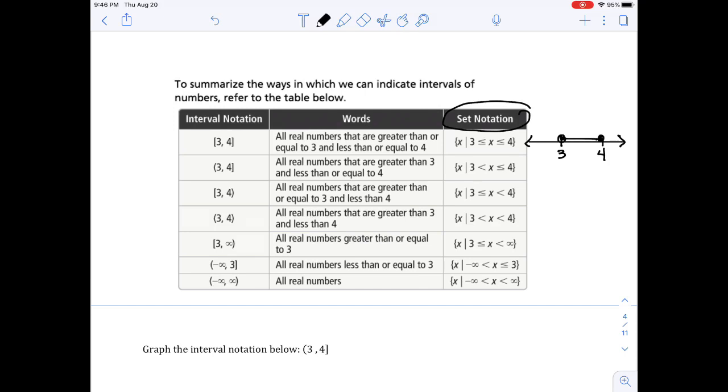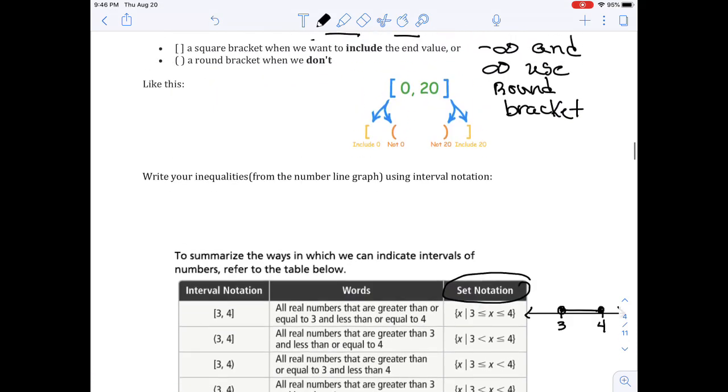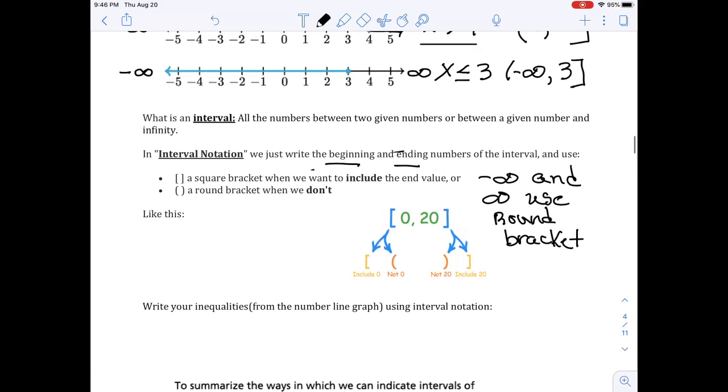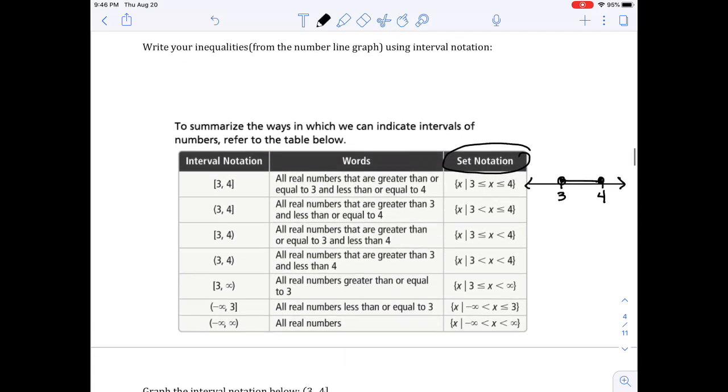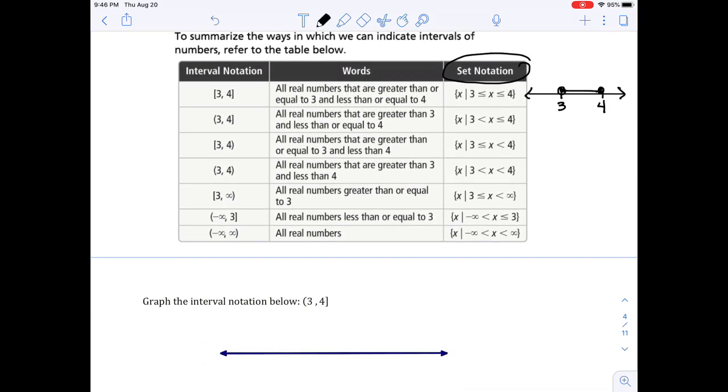And we have to remember that we never use a square bracket around negative infinity or positive infinity. And the reason why is, go back up here, a square bracket when we want to include the end value. A rounded bracket or parentheses when we don't. We can't include infinity and negative infinity because by nature of infinity, it means we never reach it, which means we can't include it.